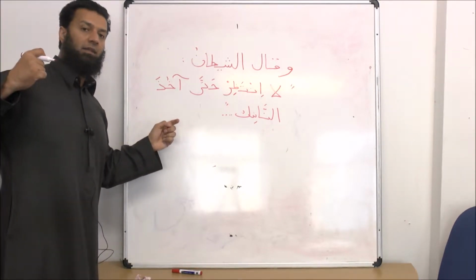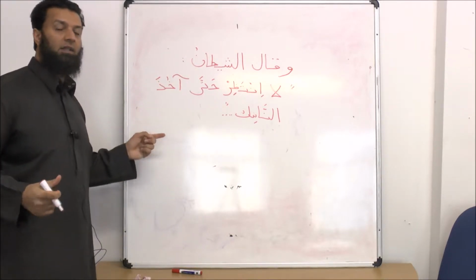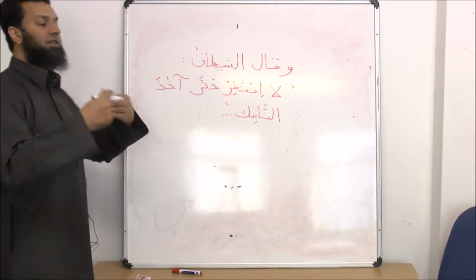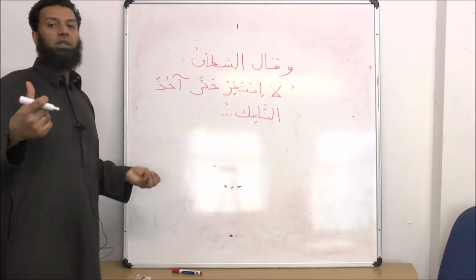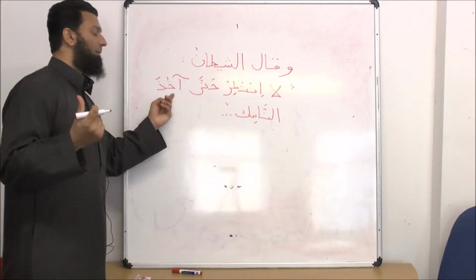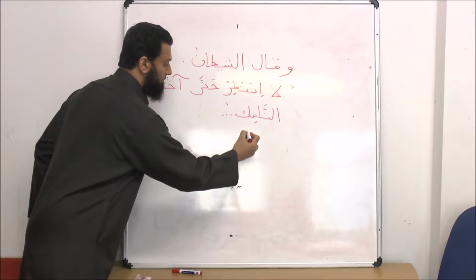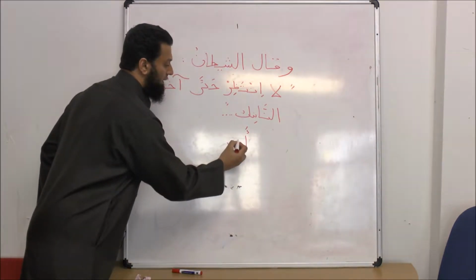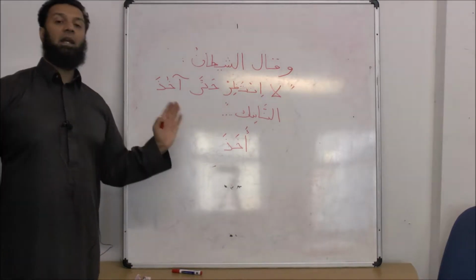What is the root verb here? Because this is present tense. What's present tense meaning? I am taking, or I take. What's the root verb here, the past? Akhadha. What do we notice about akhadha?